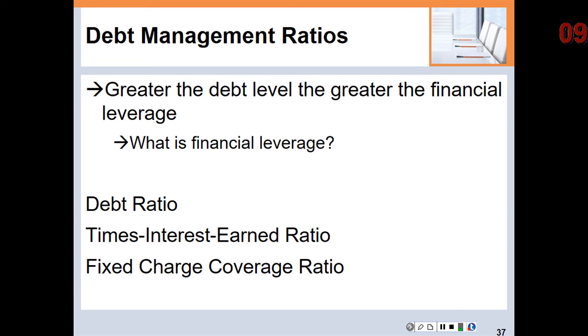What is leverage? Not financial leverage, just leverage. What's the definition of leverage? Advantage you have, okay. Positive effect, okay. Anybody else want to add to that?